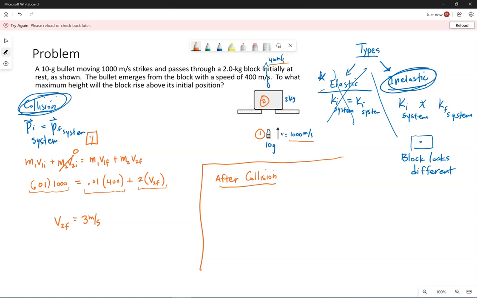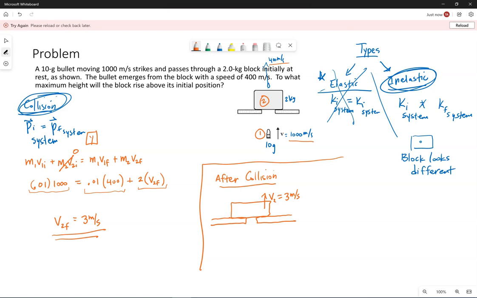So that bullet is in and out before we can even blink. When we say that the block is traveling at 3 meters per second immediately after the collision, that means we see this block right here starting to lift off the supports it was on at 3 meters per second. The bullet is long gone.